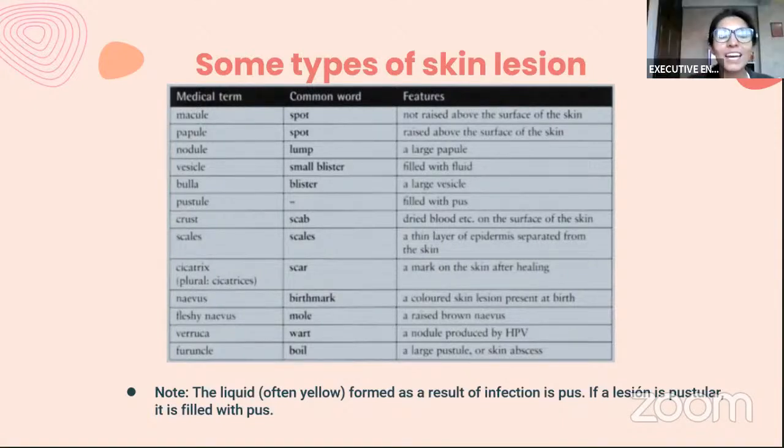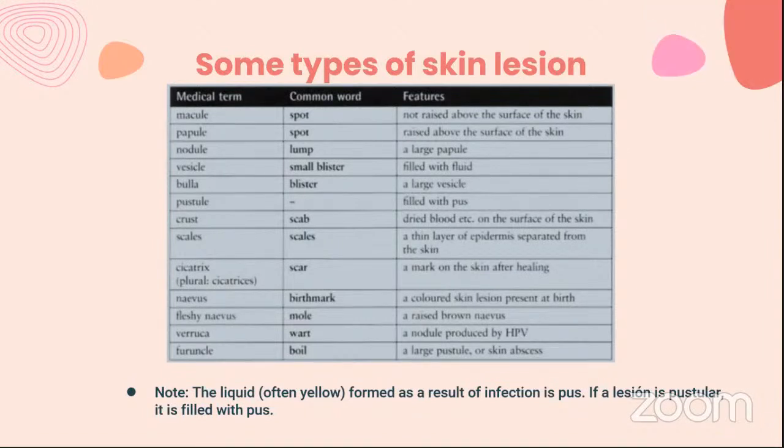Okay, thank you. And the last 3, please, Carlita, with the notes. Okay. Mole, common word: mole. Features: a raised brown nevus. Verruca, common word: wart. Features: a nodule produced by HPV.